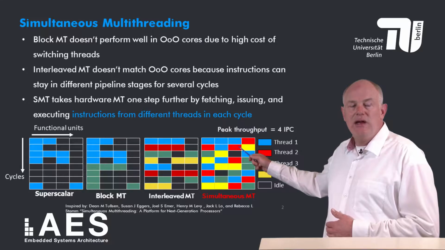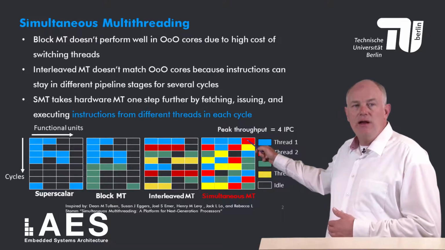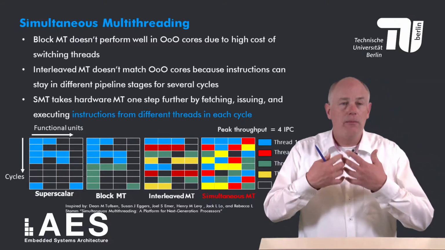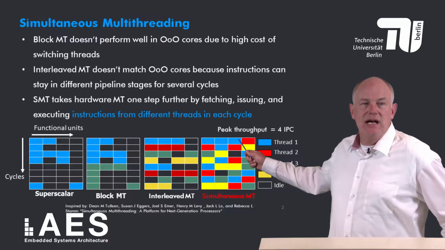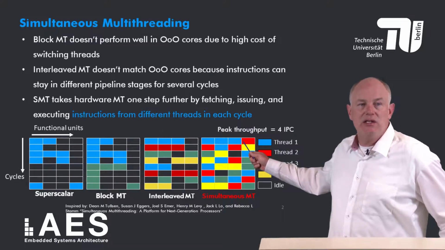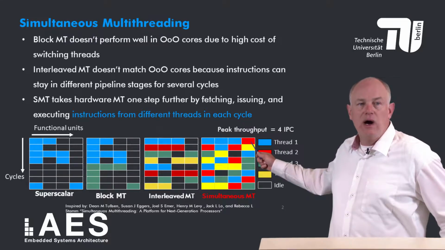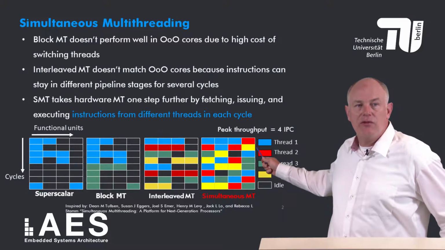Simultaneous multithreading, which is illustrated here, means we issue from several threads each cycle. For example, in cycle 1 we issue 3 instructions from thread 1 and 1 instruction from the red thread, thread 2.